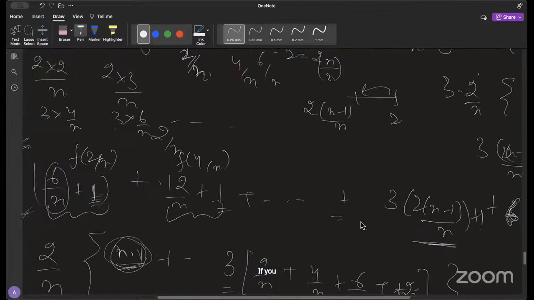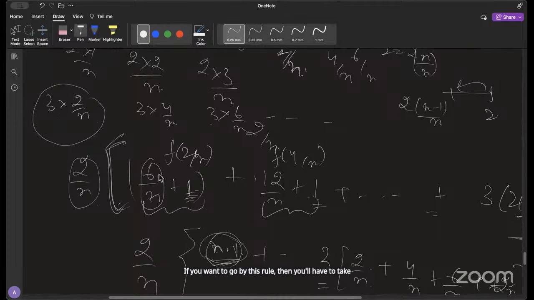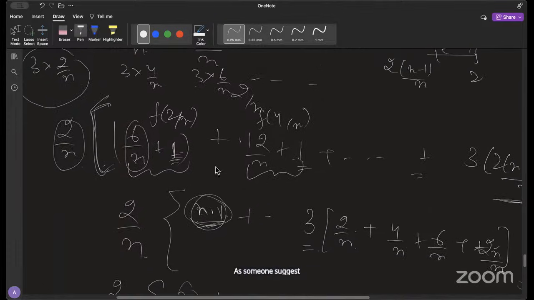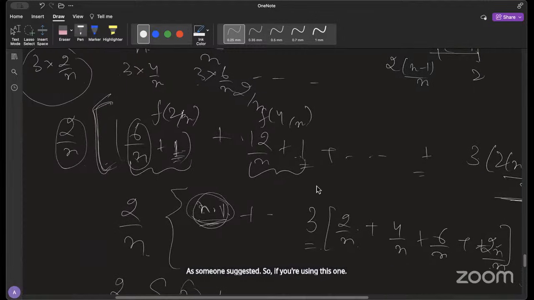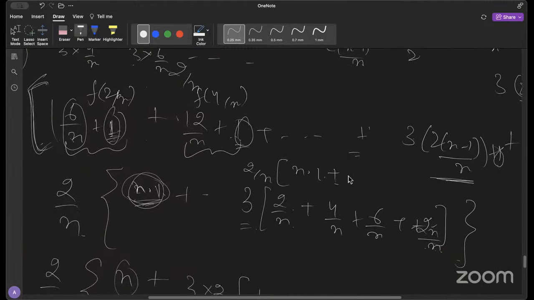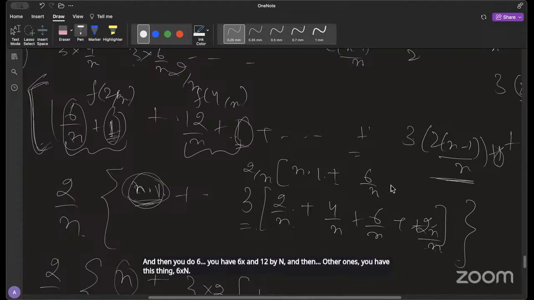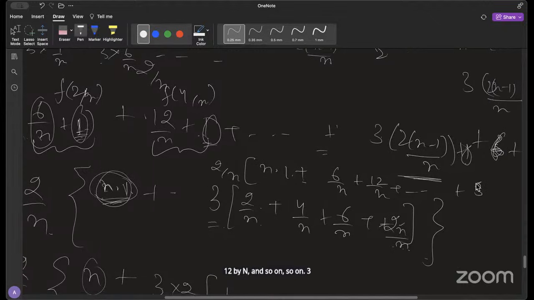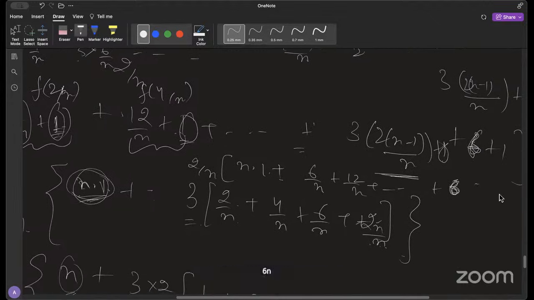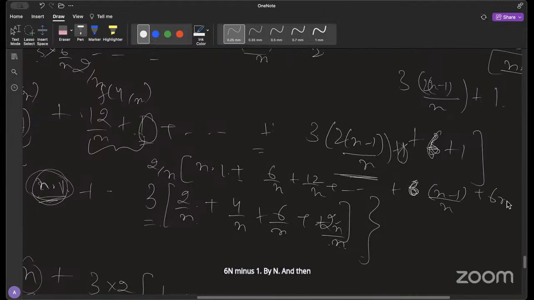If you want to go by this rule, then you'll have to take 6 by n common from here, as someone suggested. Using this one, take 6 by n common. You have 2 by n here, and then you do n times 1 for these ones. And then you have 6 by n, 12 by n, and so on. 3 times 2 is 6, right? 6 times n minus 1 by n, and then you have 6n by n.